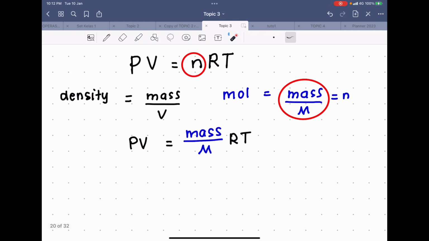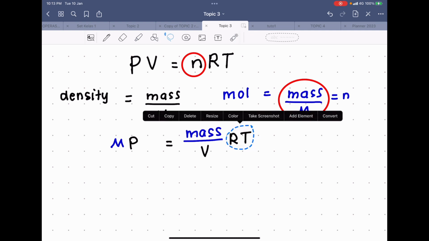Mass remains there. Molar mass we bring up here, and volume we bring down here. But what we want is mass over volume, so RT we must remove from this side.